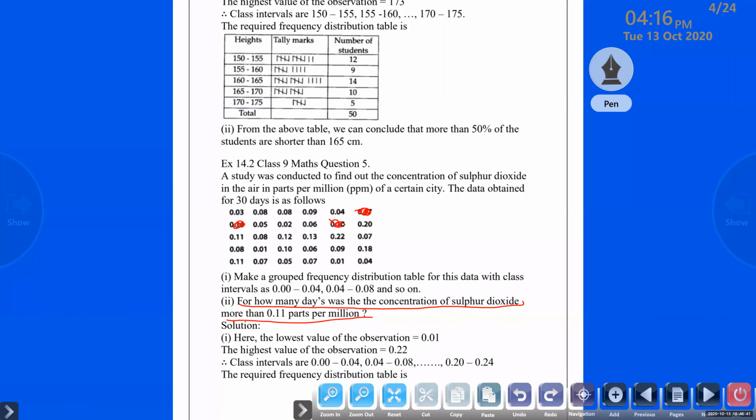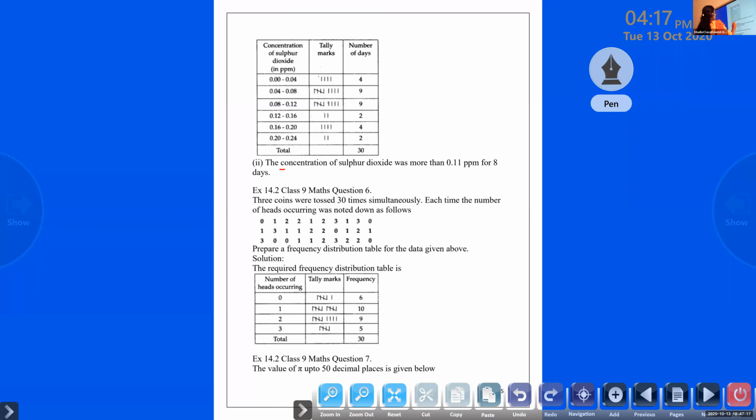Then 0.20, then 0.12, 0.13, 0.22, then 0.18. Then over. How many are there? 1, 2, 3, 4, 5, 6, 7, 8. So the answer, how many days? 8 days. The concentration of sulfur dioxide was more than 0.11 for 8 days.